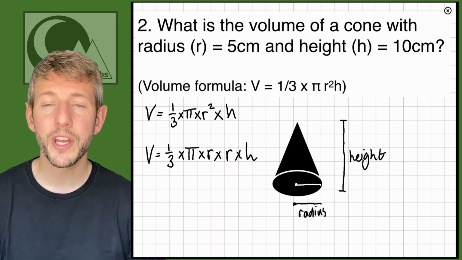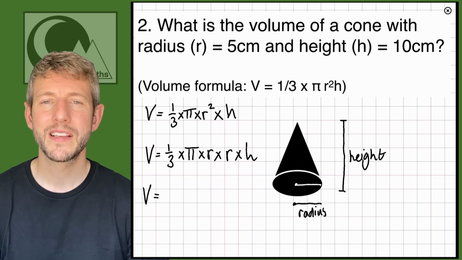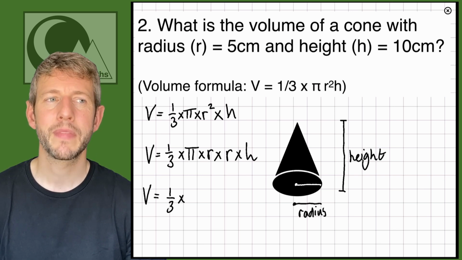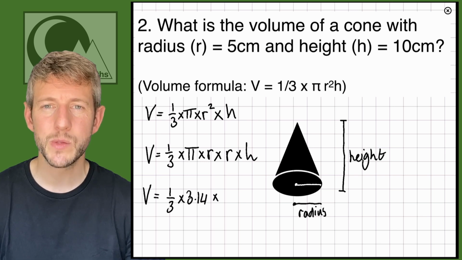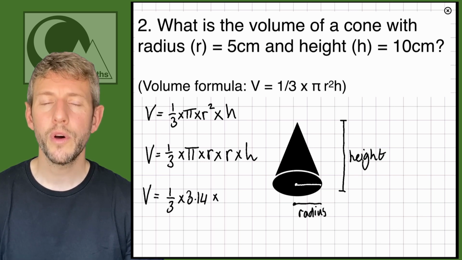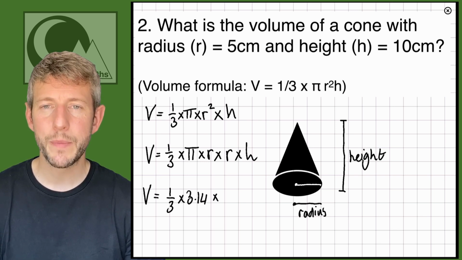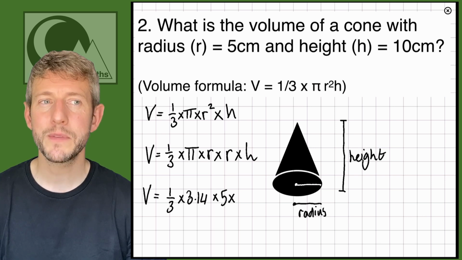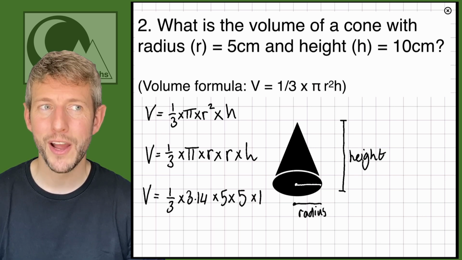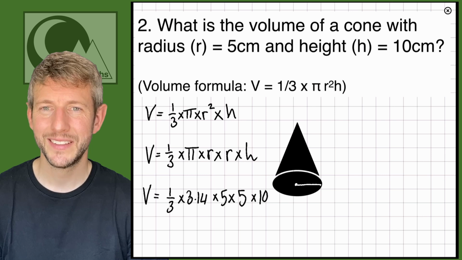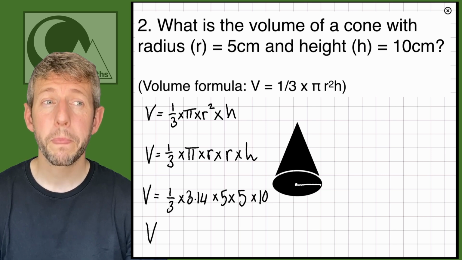Okay, and now I can rewrite this with the numbers. So I've got 1/3 times pi, which I'm going to replace with 3.14. So 1/3 times 3.14 times 5 times 5 times 10. Okay, right.